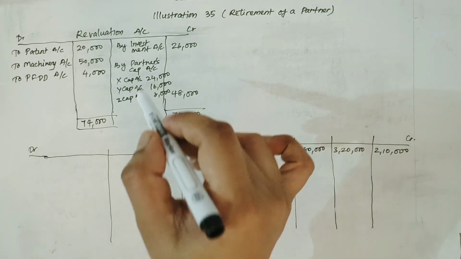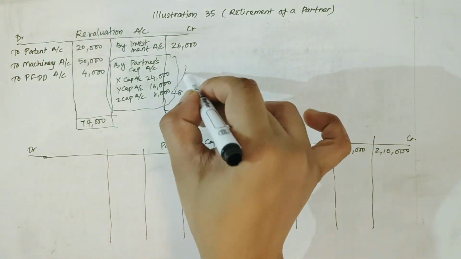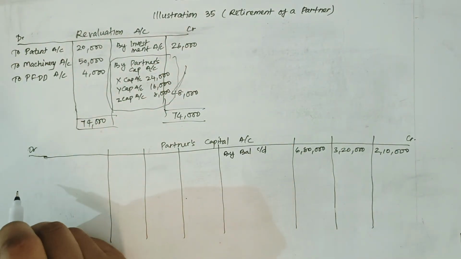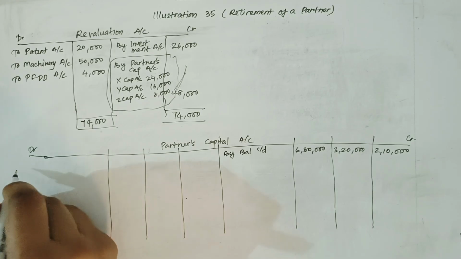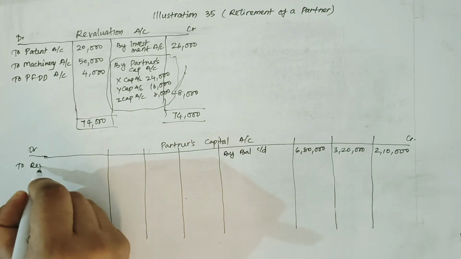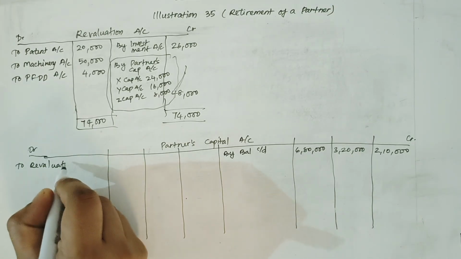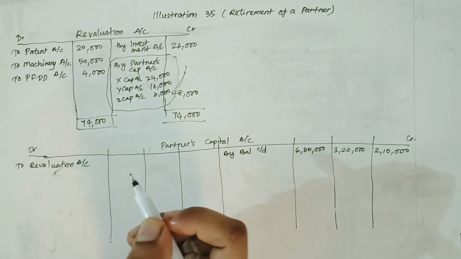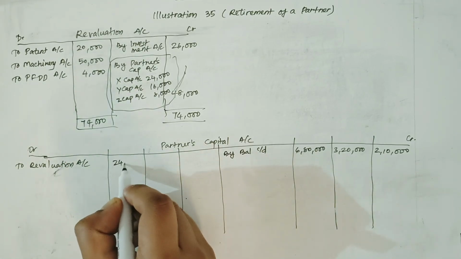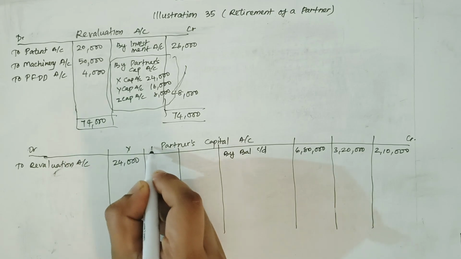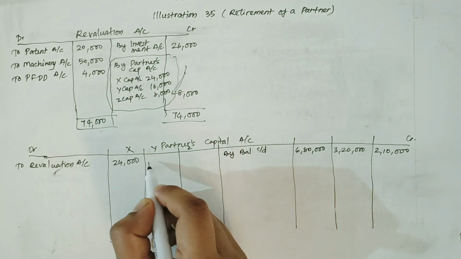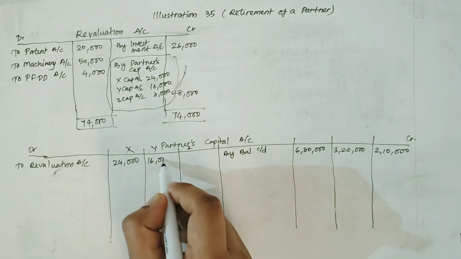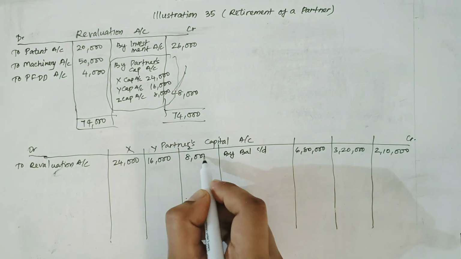Next, let's post the revaluation loss. It will be on the debit side of capital account to revaluation account. It is 24,000 X, Y, and Z. 16,000 and 8,000.